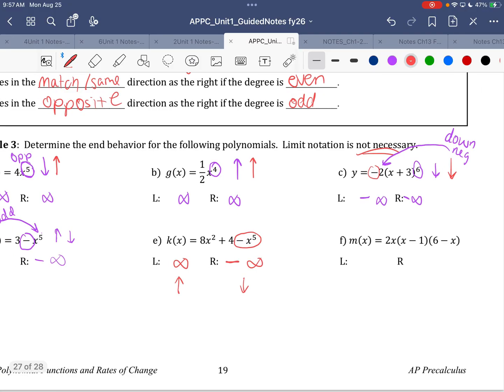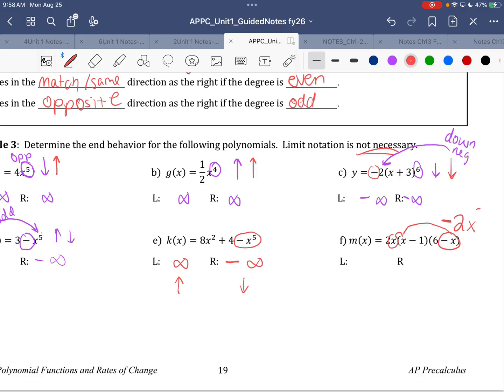Okay, F is, I think, the hardest question because it is not in standard form. It's not foiled and it has multiple x's, unlike C. So if I did foil this out, the 2x would distribute in and give me x squared, and then these would multiply together and give me x cubed. But what else would it have? It would be a negative x cubed.